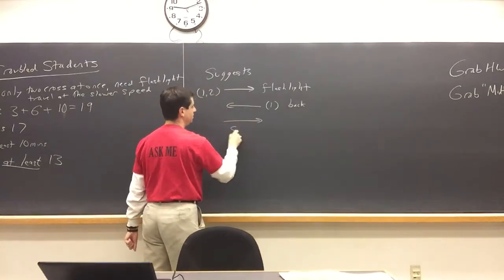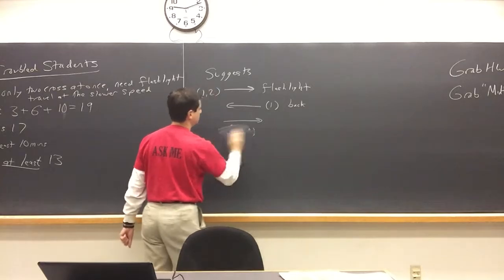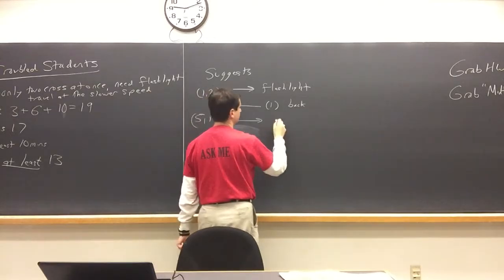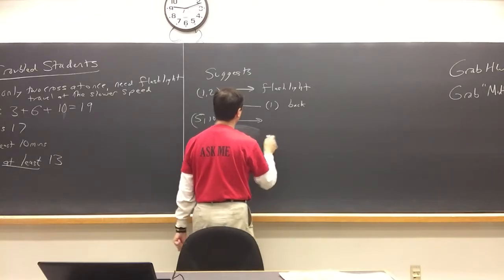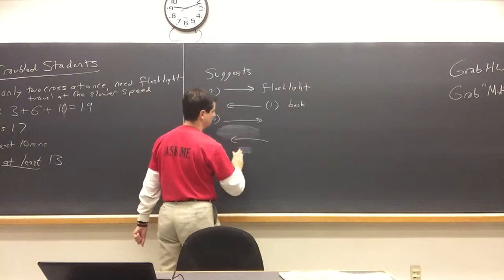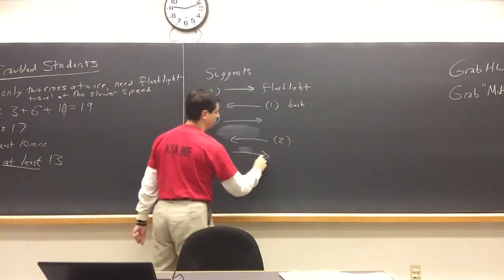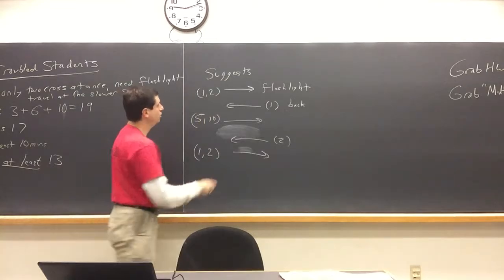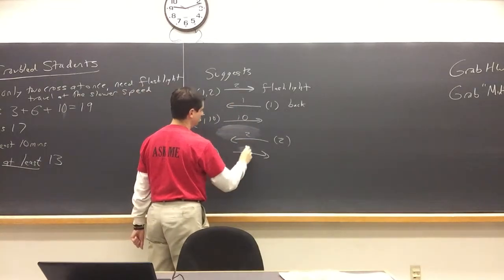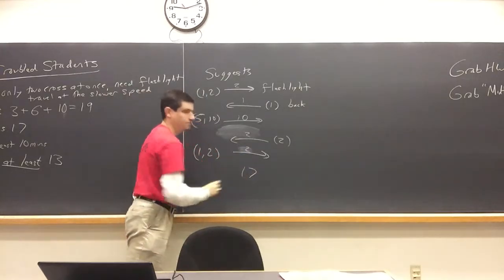Then we can send 5 and 10 over. And now we can send 2 back. And then we can send 1 and 2 over. And so the cost of this would be 2, 1, 10, 2, 2, which is 17.